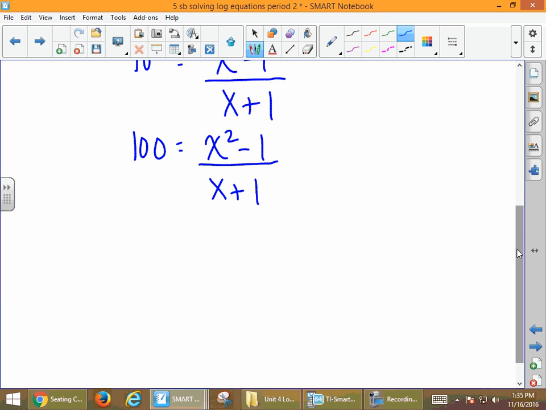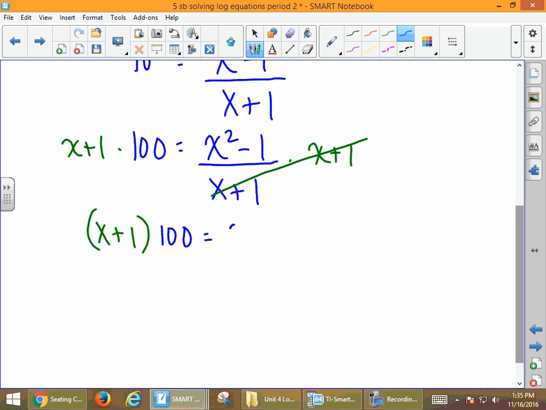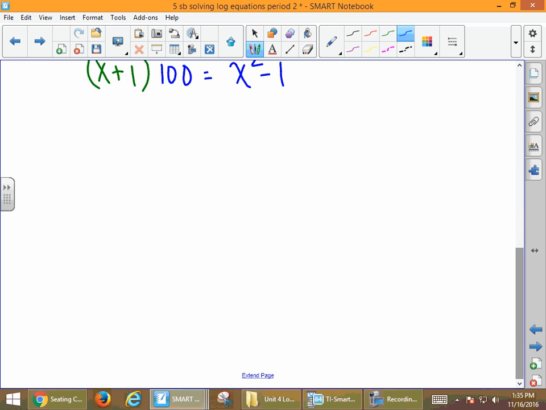Well, what we're going to do is multiply both sides of this equation by x plus 1. And when we multiply both sides of this equation by x plus 1, we get rid of a fraction. And it's really going to be x plus 1 in parentheses times 100 equals x squared minus 1. And we're going to distribute.